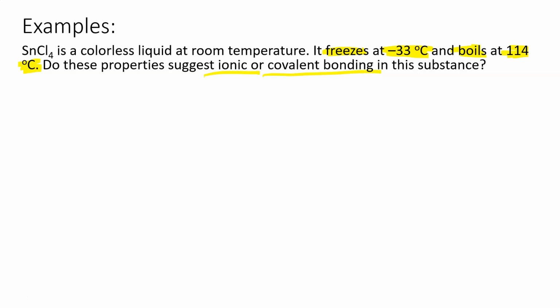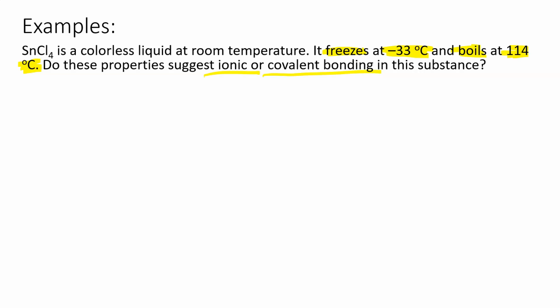Okay, so I'm noticing the freezing point is negative 33. Let's compare that to another substance we know the freezing point of. I know the freezing point of water is 0 degrees Celsius. So it's actually a lower freezing point, or you could say a lower melting point than water, which means it's easier to break the bonds in this substance, to melt it, than it is to melt water.